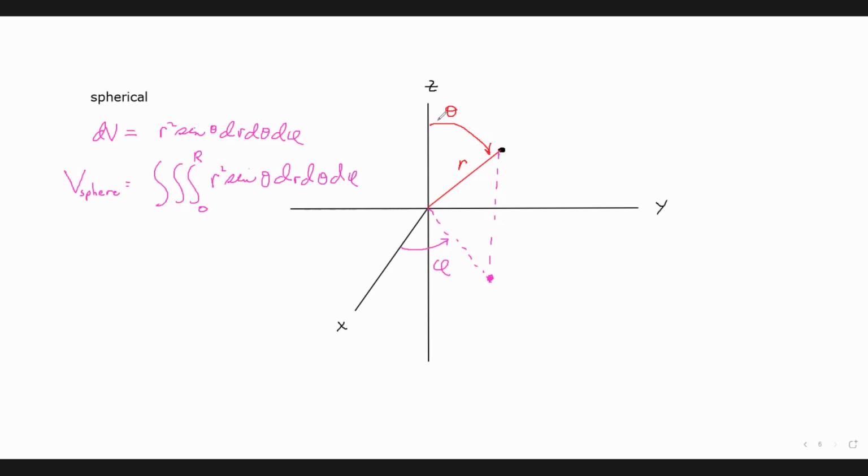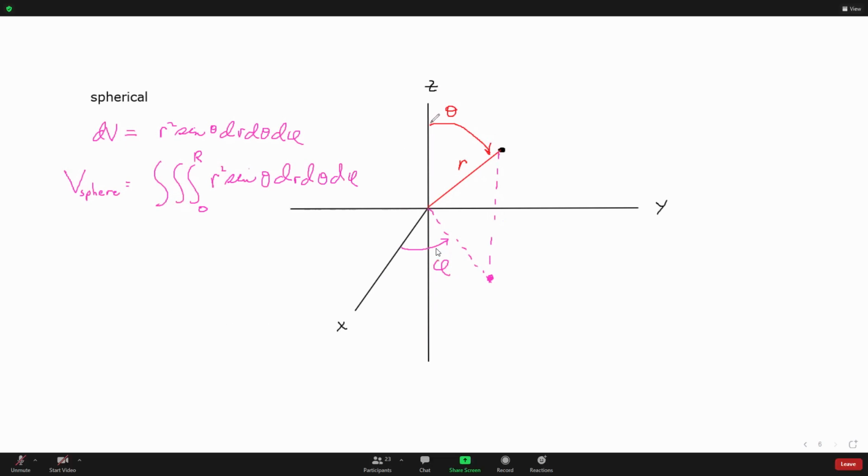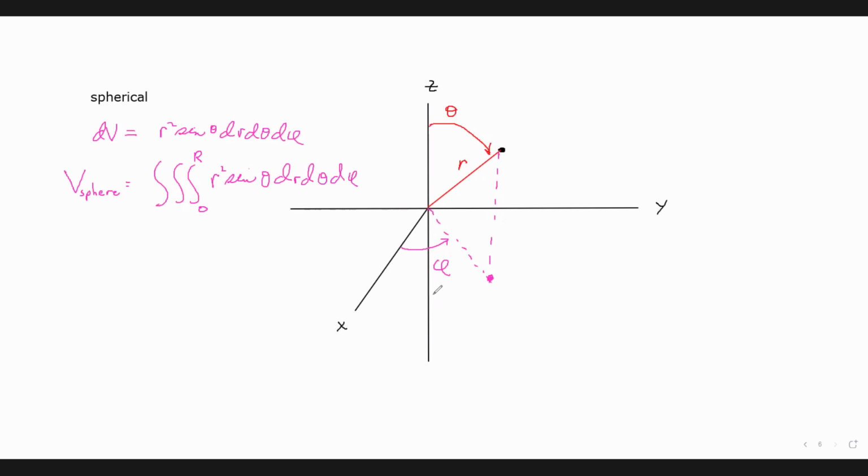Theta, what are the limits of theta? The zenith angle is between 0 and pi, isn't it? The way I've defined it here, I've not defined it as pi on 2 and minus pi on 2. When it's straight up, theta is 0. And when the point is straight down along the z-axis, theta is pi. And then the azimuth goes all the way around, 0 to 2 pi.